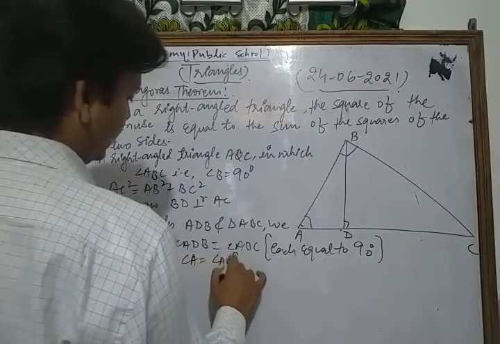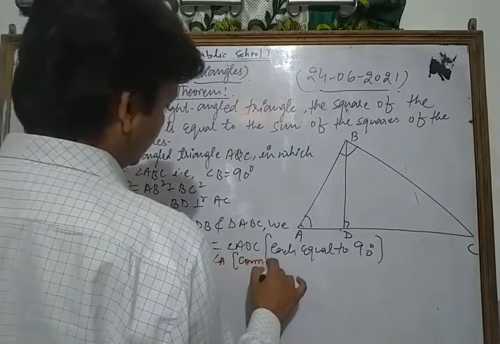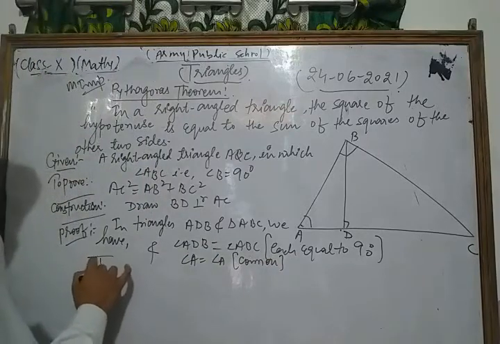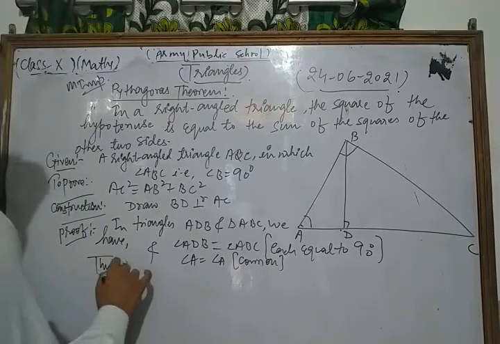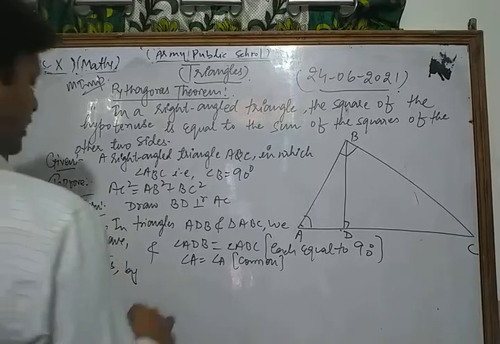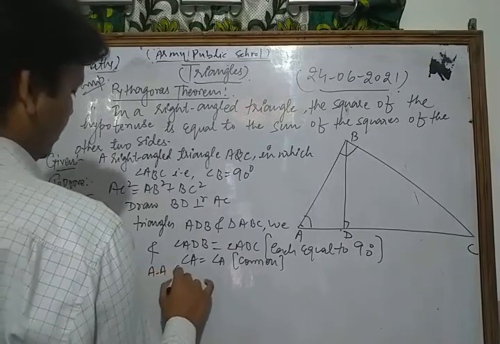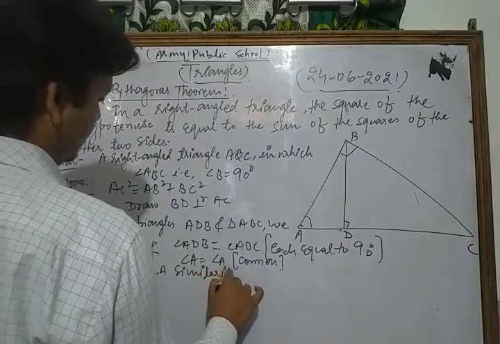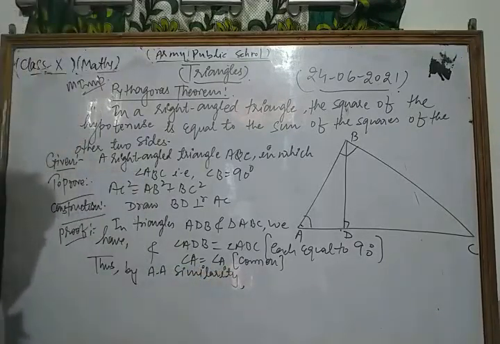And look, angle A is common to both triangles: angle A is equal to angle A. This is the common angle in both triangles.